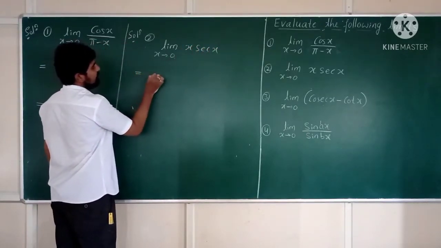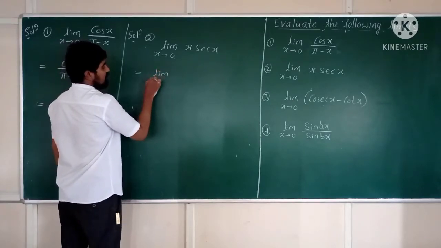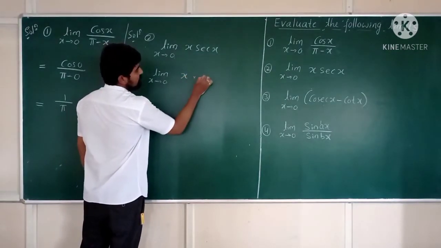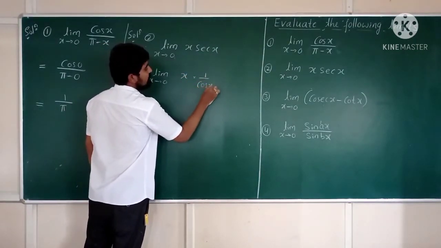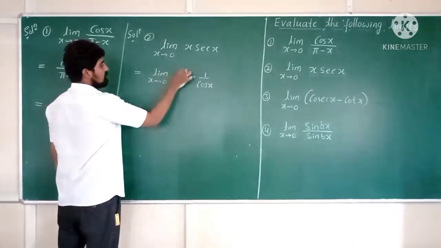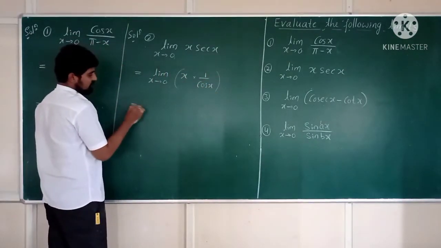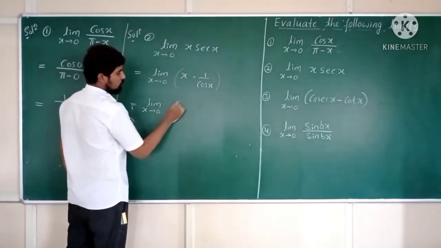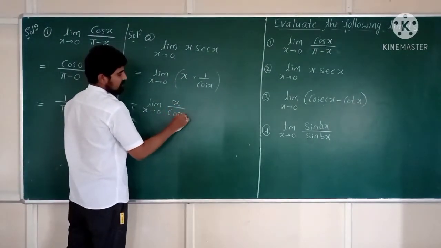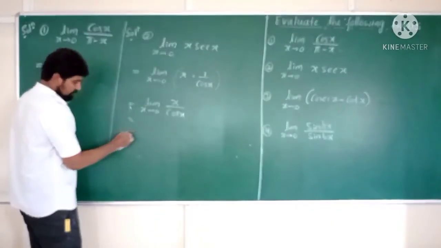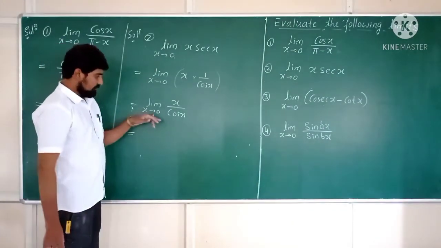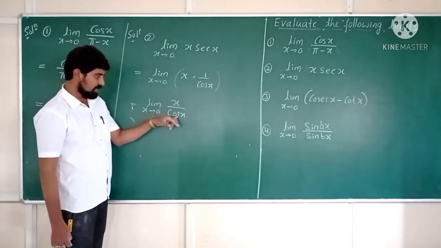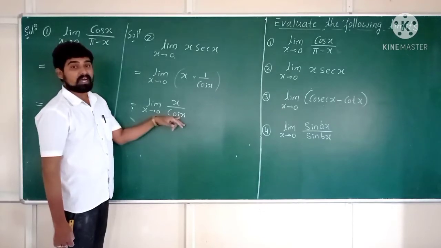Now this can be expressed as, secant x can be written as 1 by cos x, so limit x tends to 0 x divided by cos x, which is equal to, if I substitute x equals 0 in this function, 0 divided by cos 0, the value of cos 0 is 1.